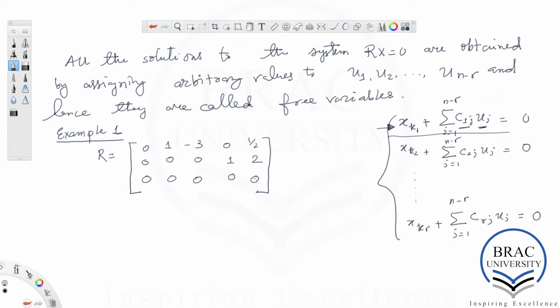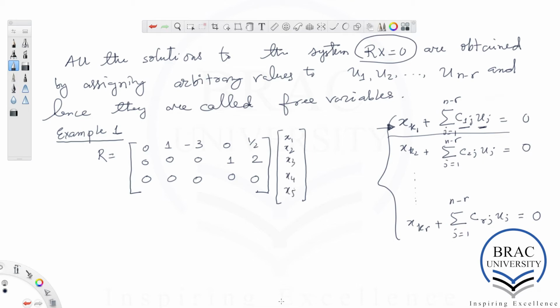And what is the corresponding system Rx is equal to 0? So in order to form this, it's a 3 times 5 matrix. So you have to have a 5 times 1 matrix, which is x1, x2, x3, x4, x5.